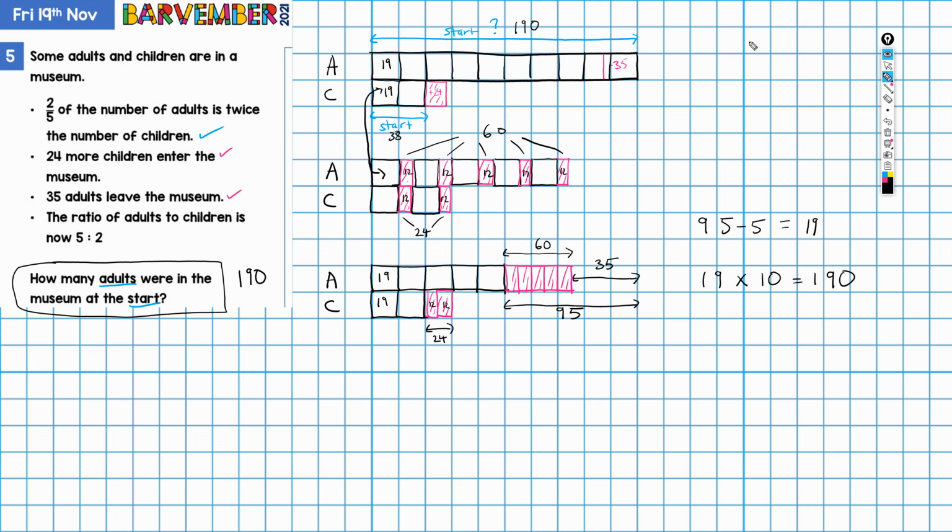Okay, and if we had 190 and divided it by 38, we would get 5, which is exactly what we expect from that original, because remember the original ratio was 5 to 1. Okay, we've now split it into 10 to 2, but it's 5 to 1. So we can check it by plugging in those numbers. Anyway, 190 is my answer.